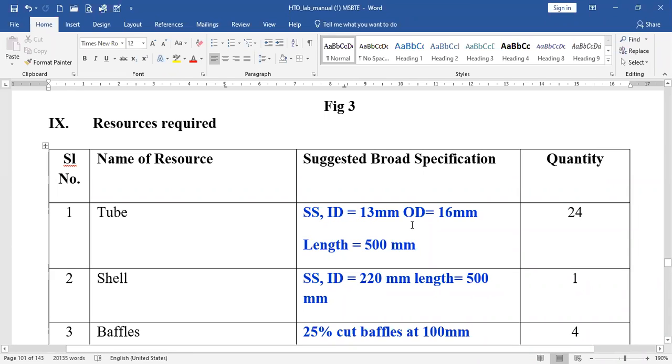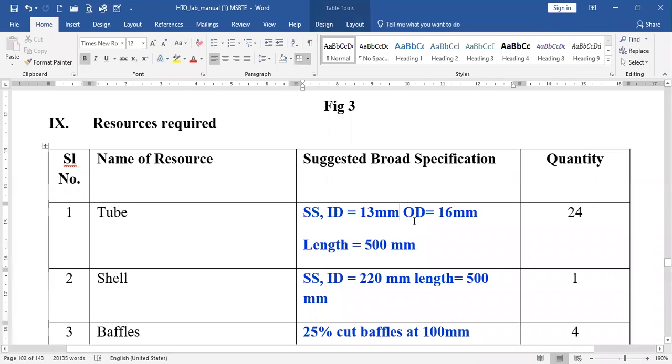The internal diameter is 13 mm, the outside diameter is 16 mm, and the length of tube is 500 mm. So there are 24 tubes in the shell and tube heat exchanger assembly, where the ID and OD are 13 and 16 mm and the length of tube is 500 mm.